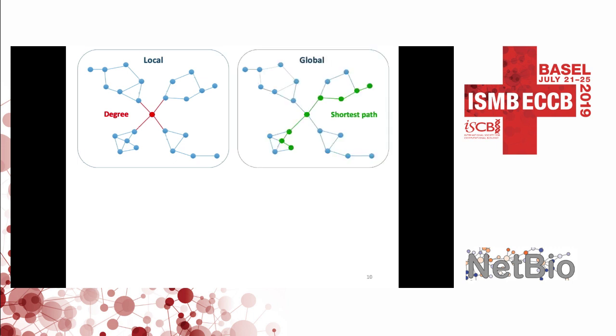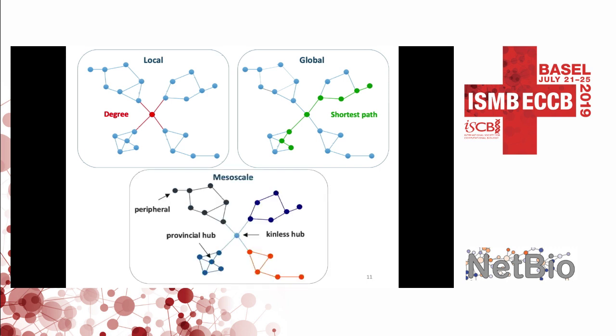In the case of the global network parameters, an example is the betweenness centrality that is based on the calculation of shortest paths, because it measures the distance between any pair of nodes across all the links in the network. And finally, the mesoscale network properties take into account the modular structure of the network.